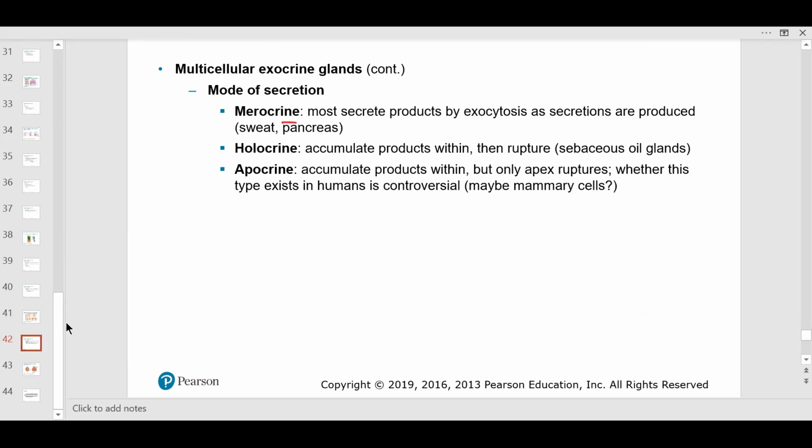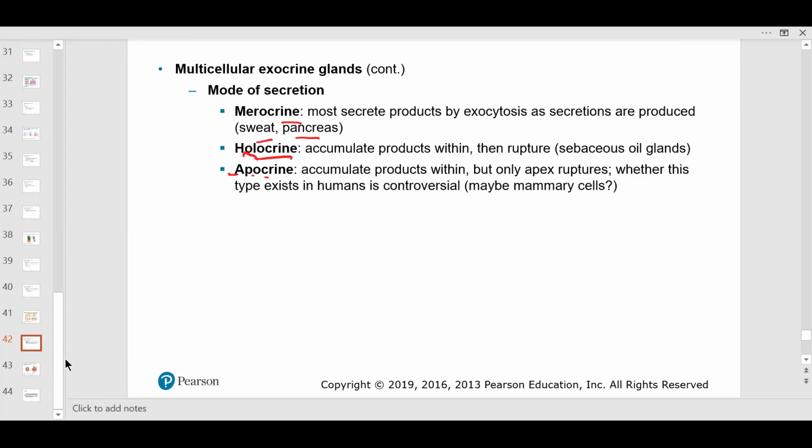Merocrine is the exocytosis, like the pancreas, or sweat. There's merocrine, which are eccrine glands, if you remember me showing that last week. But again, for the skin, all you have to say is sweat gland, because you have to know what a sebaceous gland is. That's holocrine, but you don't have to know that. You just have to be able to point it out and tell me what it produces for the lab and lecture. So listen up.